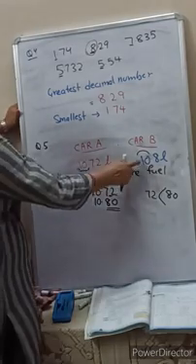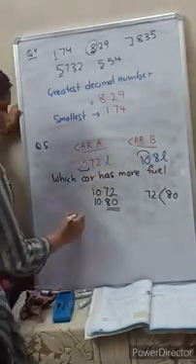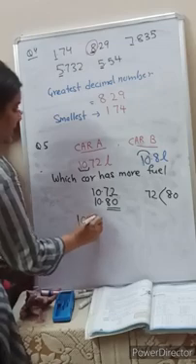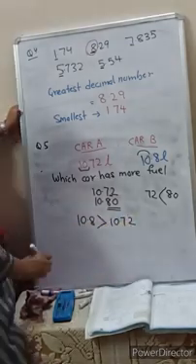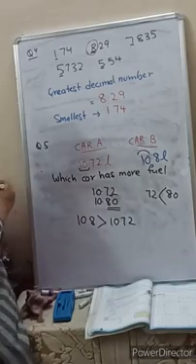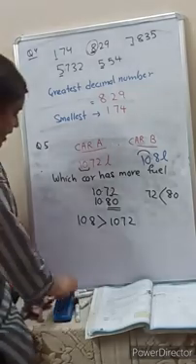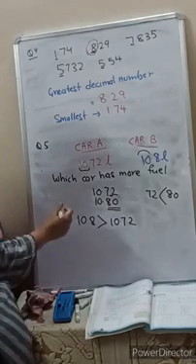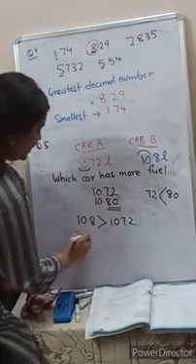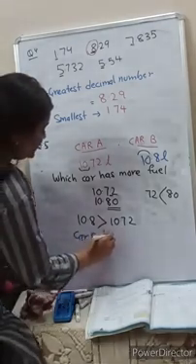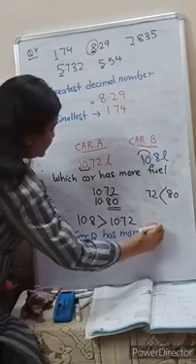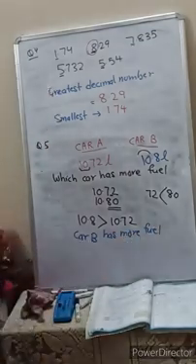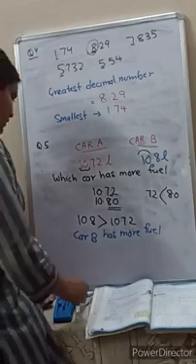That means car B, 10.8, is greater. This means 10.8 is greater than 10.72. Our result is that car B has more fuel. Followed? Let's look at the next problem.